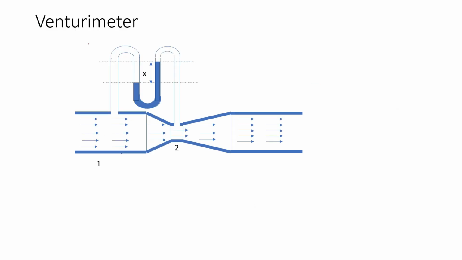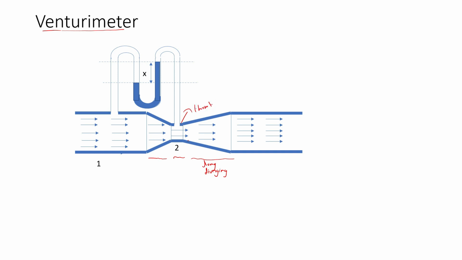So let us see the working of a Venturimeter. You can see that a Venturimeter consists of a converging part, a throat, and a long diverging part. The middle portion is called the throat, and this is the converging part.